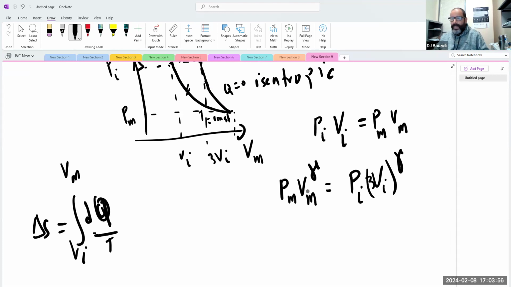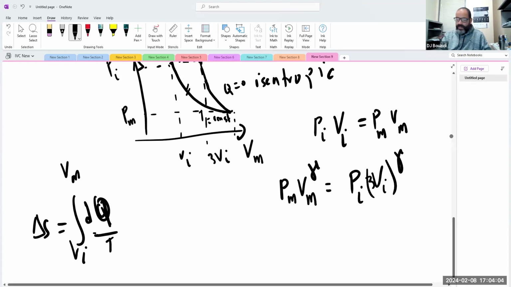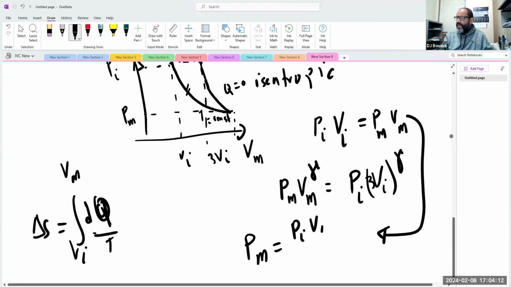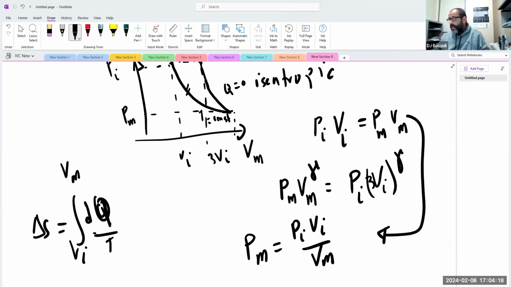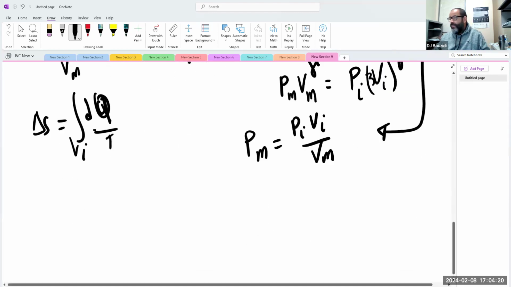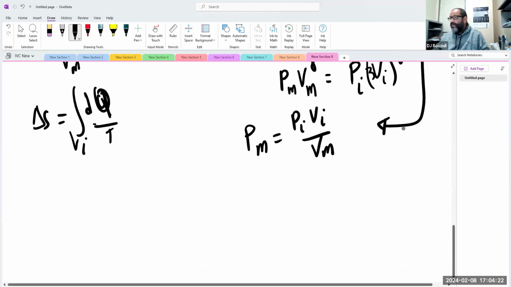Armed with this relationship, I'm going to get rid of PM first. You can clearly see from this equation that PM is equal to the initial pressure, PiVi, over this middle volume that we don't know, but we need. So we come back to this expression, now instead of the value of PM.